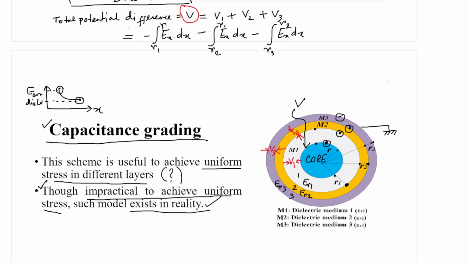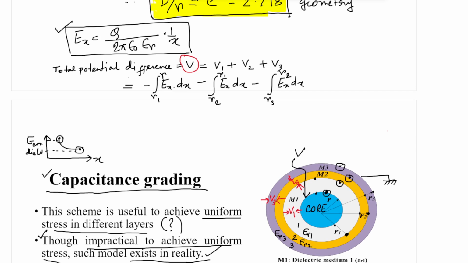Now, what is Ex? From this expression you can straight away write this down. I am writing the first equation. I am removing this minus sign, so the integration limit will change.